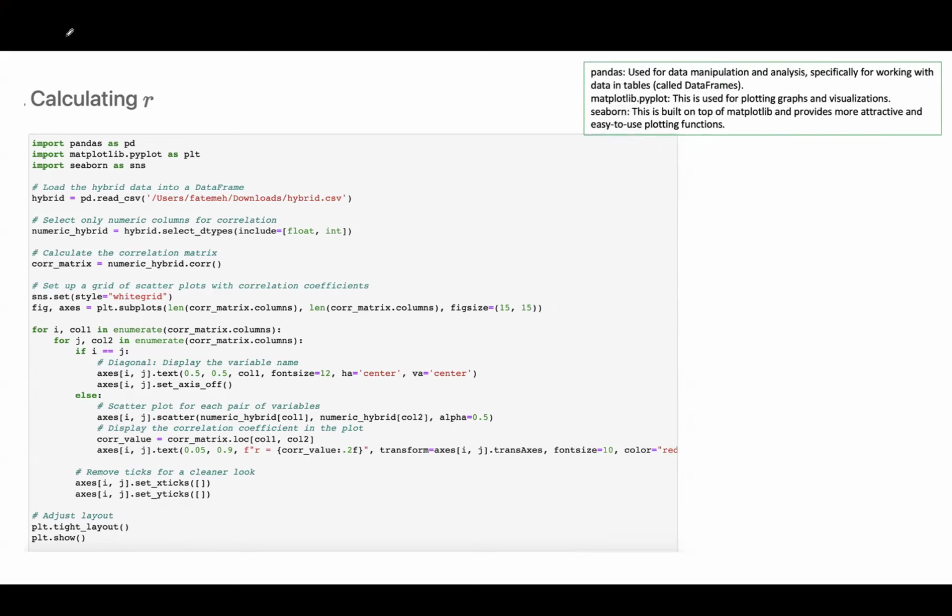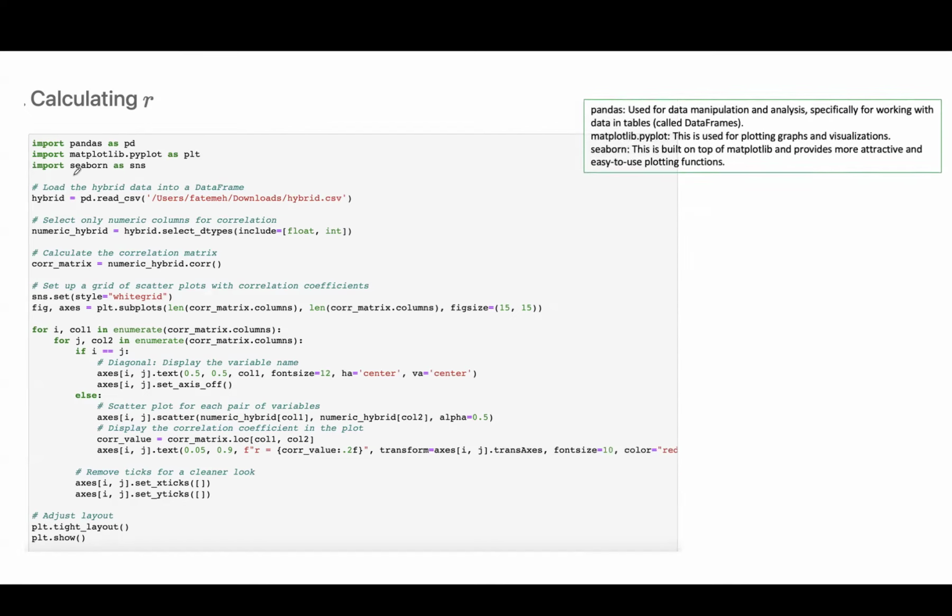The breakdown of the code, as you remember, we're going to use pandas for data manipulation, matplotlib.pyplot to have a good visualization, and then we're using Seaborn, which is built on top of matplotlib and provides more attractive and easy to use plotting functions.